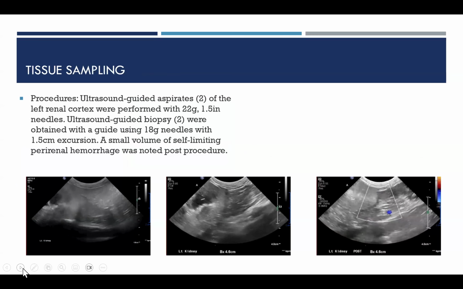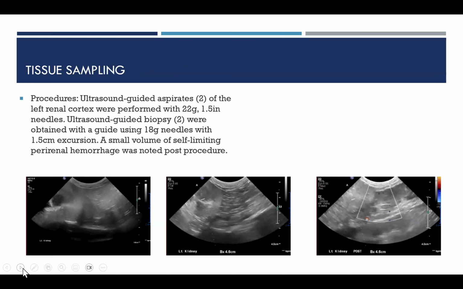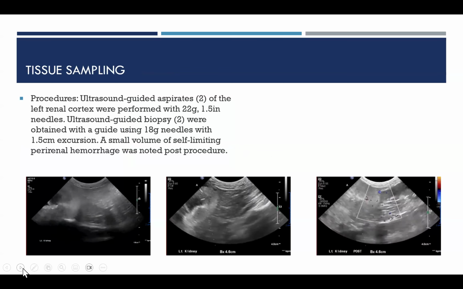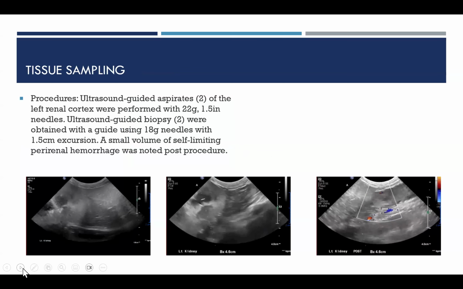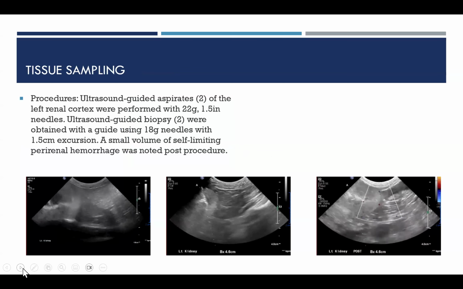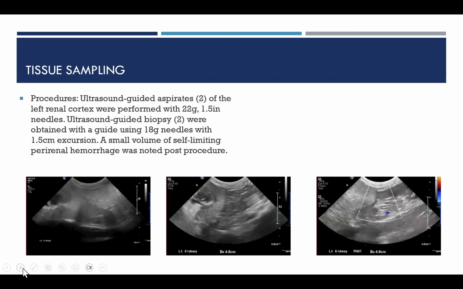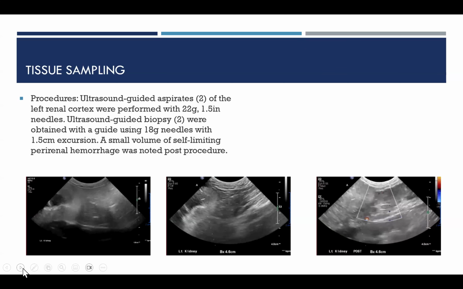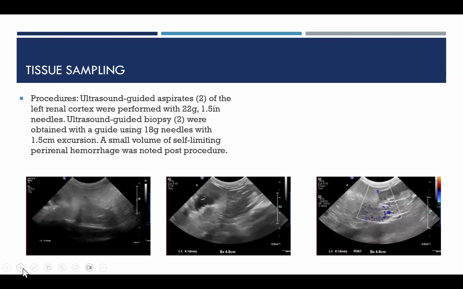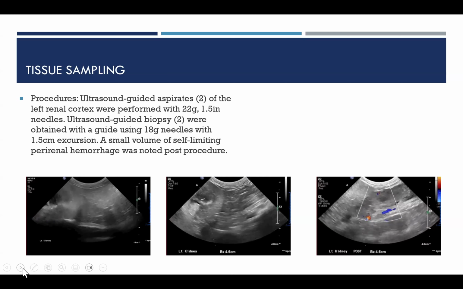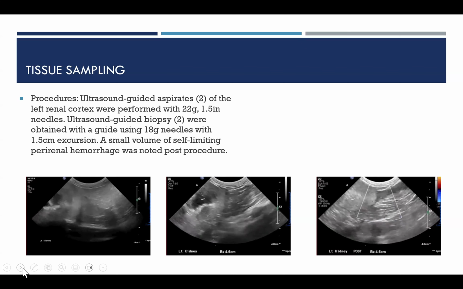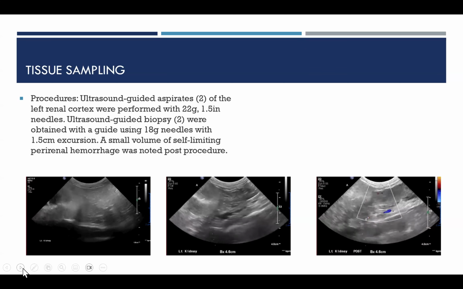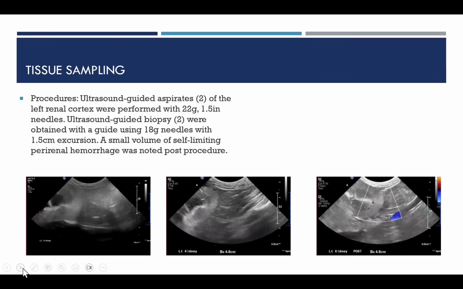What we elected to do was an ultrasound guided aspirate of the cortex and also an ultrasound guided biopsy at the same time. And there was a small volume of self-limiting perirenal hemorrhage noted after the procedure, but everything went fairly well.